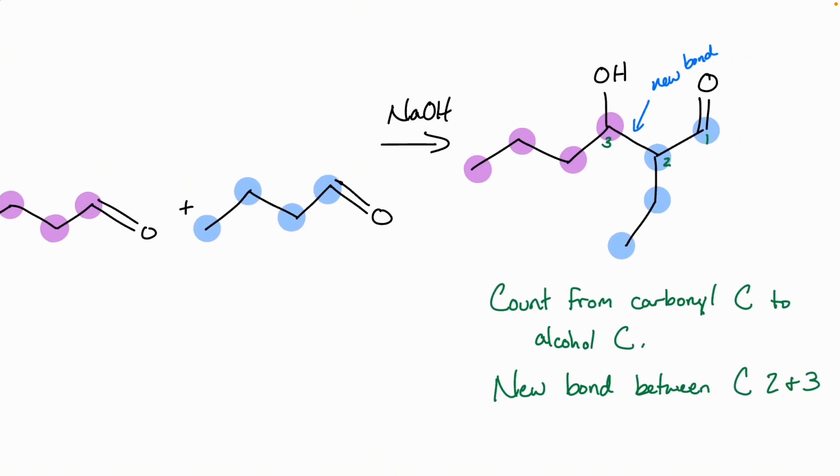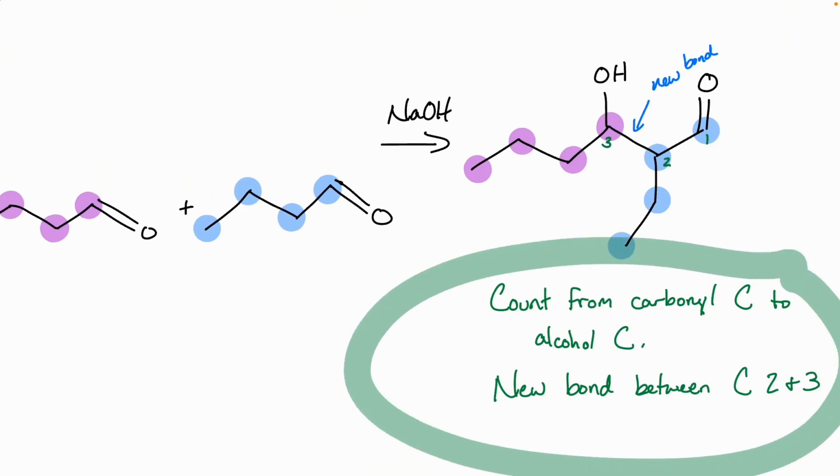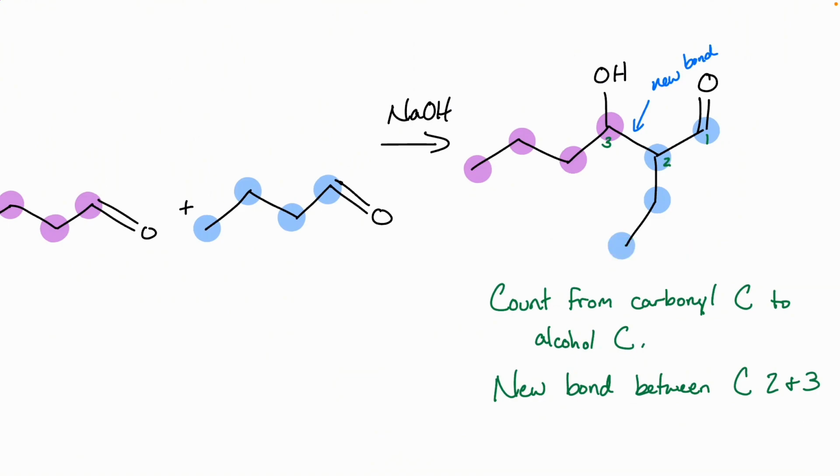Right, so if we just keep in mind that we can always identify our new bonds using this counting method, we can figure out how to break this molecule apart into its original 2 components.